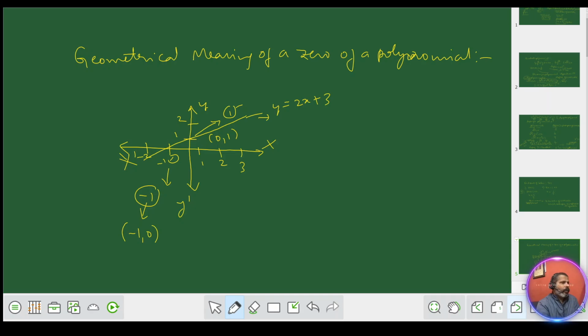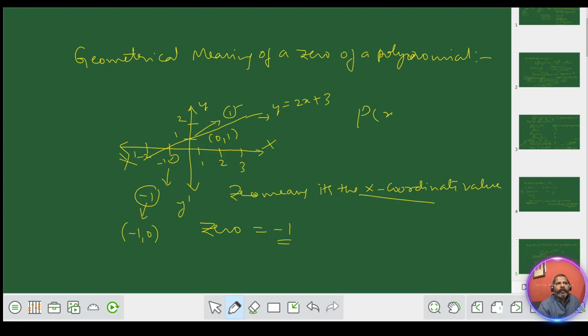Zero, in graphical meaning, is the x coordinate value. Zero for a graph is nothing but an x coordinate value. How many intersections it makes with the x-axis, those are all the zeros. For example, here it has not cut the x-axis at this point, it's a y-axis intercept. Here it intersected the x-axis at minus 1. So the zero is minus 1 here.